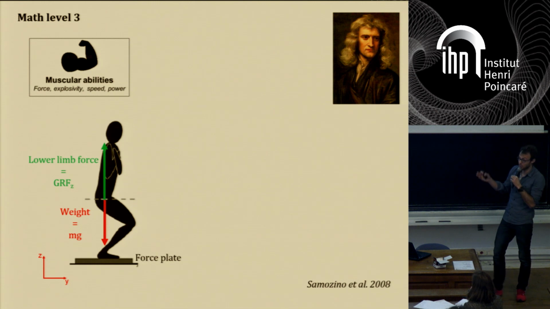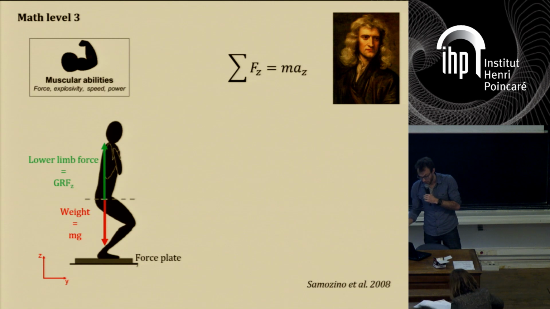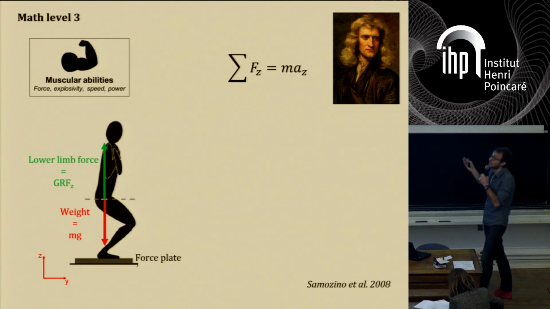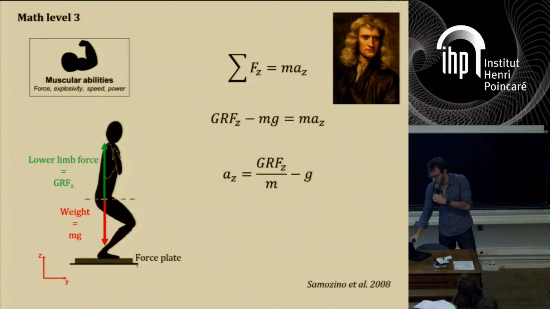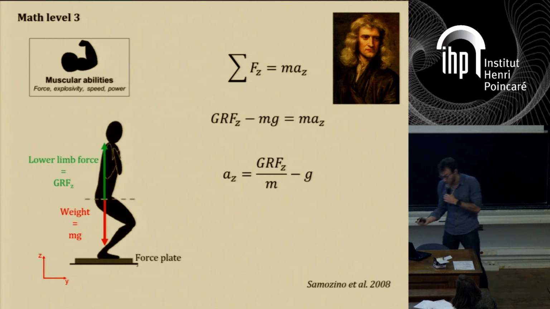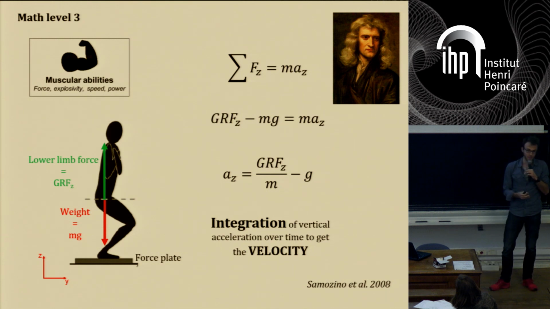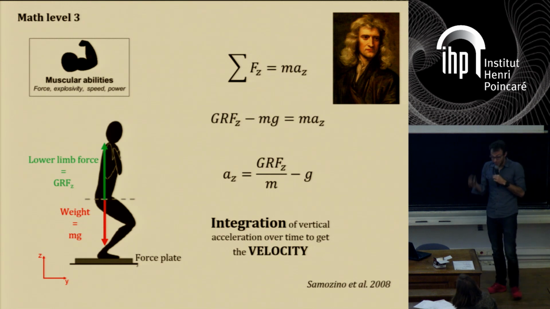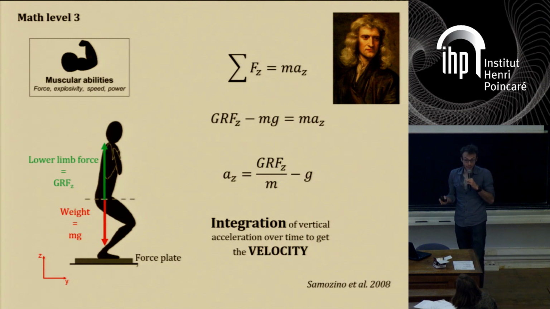It's basically the ground reaction force in the vertical, z dimension. Then we use the equations of Isaac Newton to manipulate those parameters and get, at the end, the acceleration of the center of mass. By simple integration of this vertical acceleration, we get the velocity. It's a pretty simple mathematical method as well, because this integration is made by an analytical method and not a computational method, so it's pretty easy.